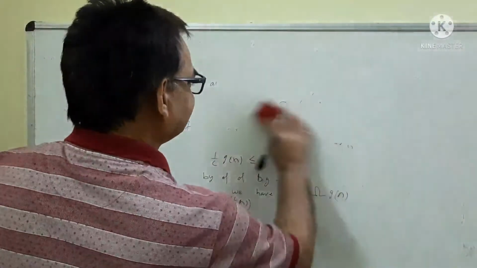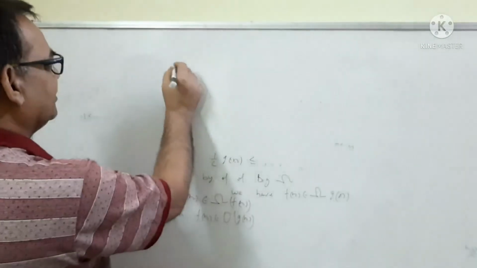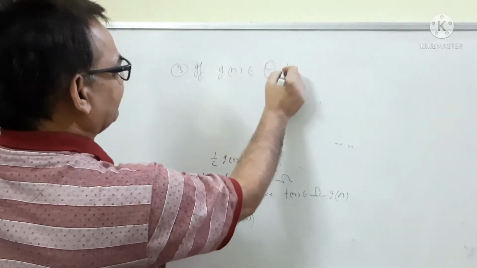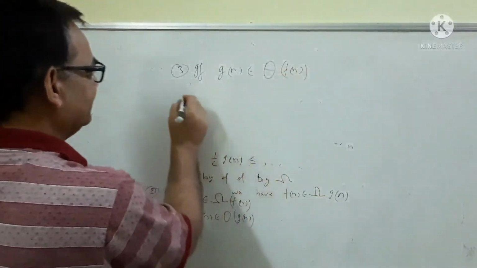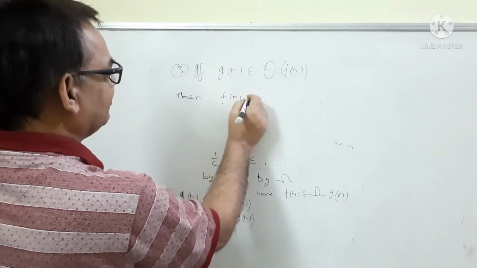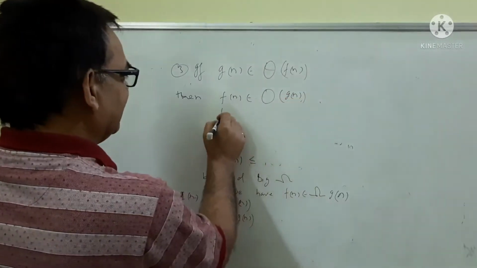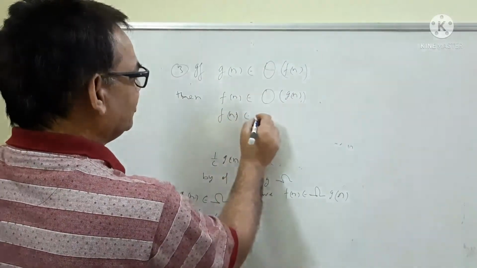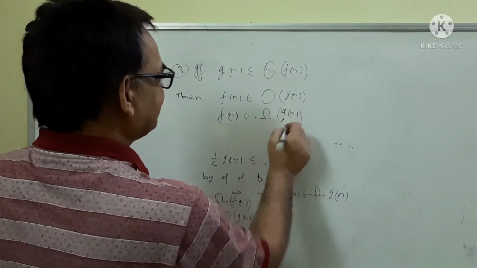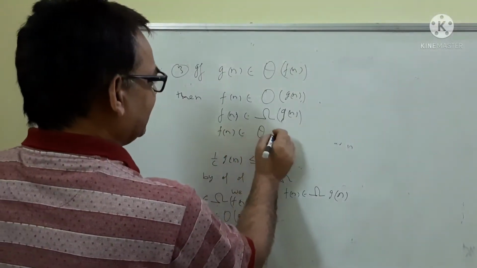Result 3, if Gn belongs to theta Fn, then Fn belongs to big O of Gn, Fn belongs to big omega of Gn, Fn belongs to theta of Gn.